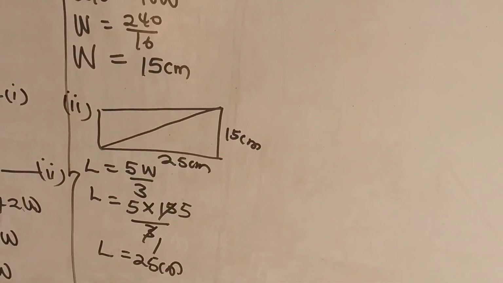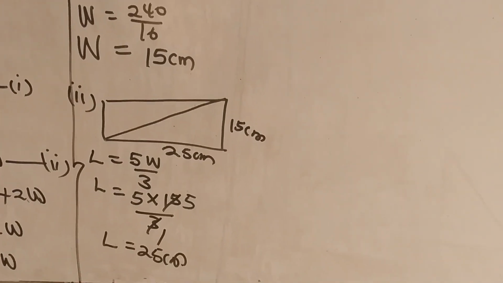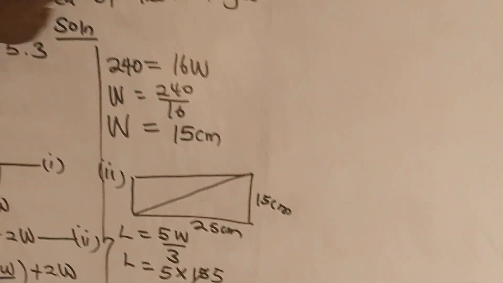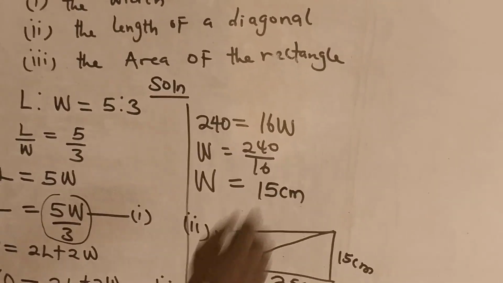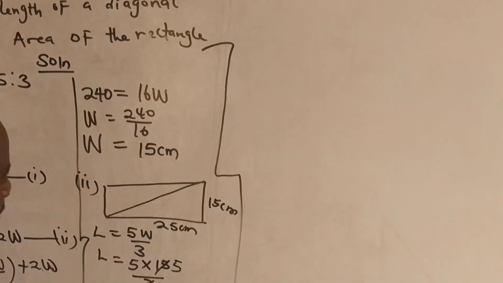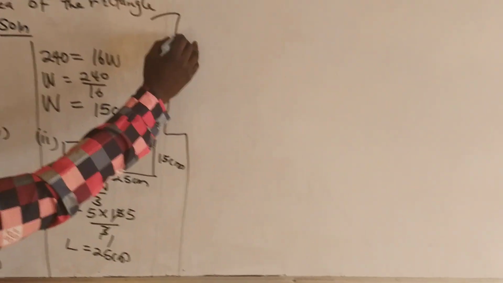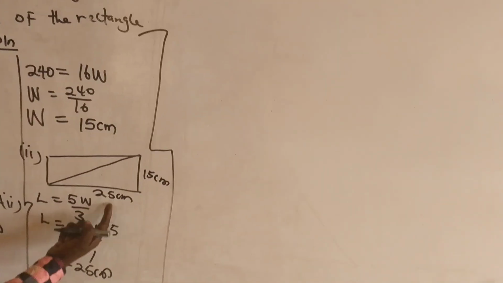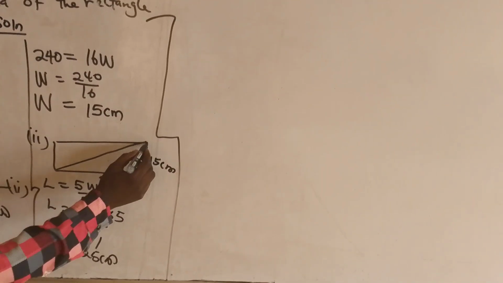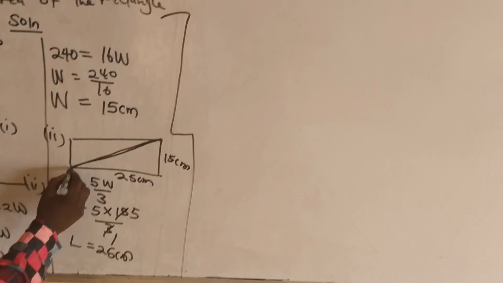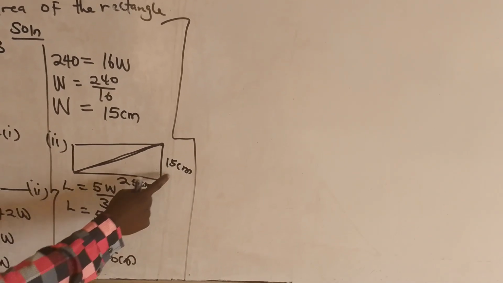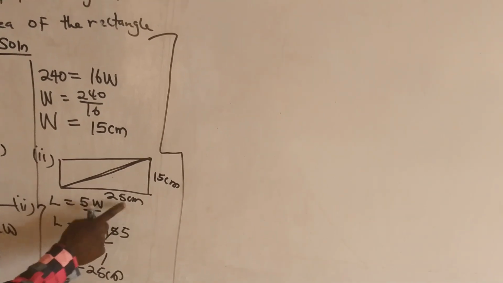So it will now be easier for us to find the length of the diagonal. So here, the length of the diagonal, I can apply Pythagoras theorem. This is the longest side, the slant height, right? It means that this is the base and this is the height.